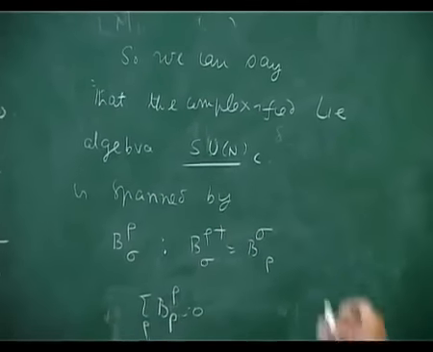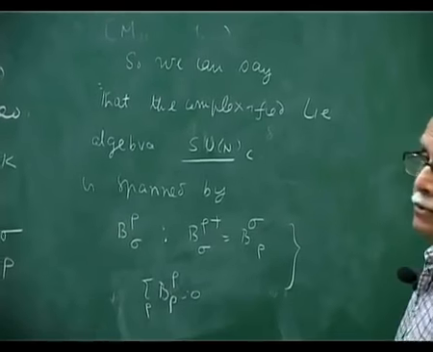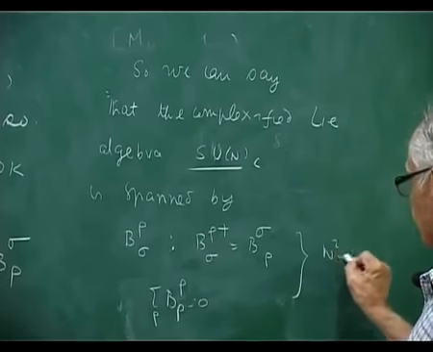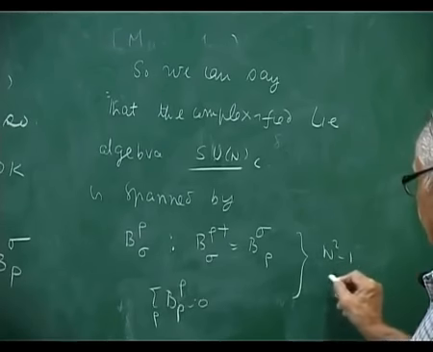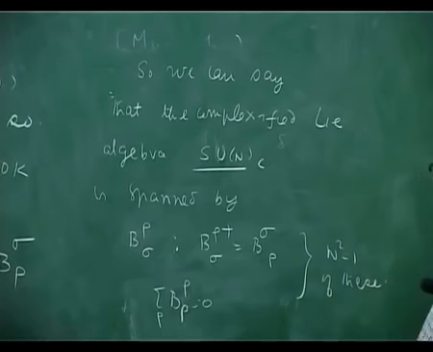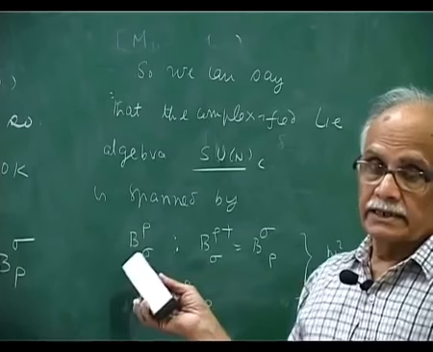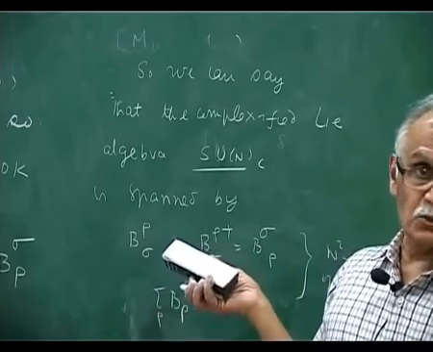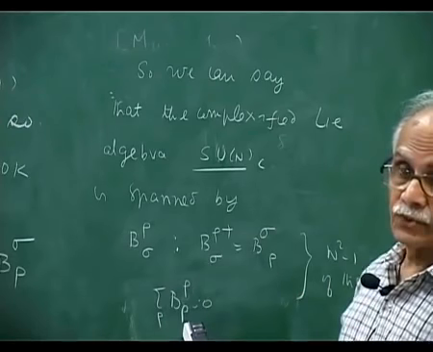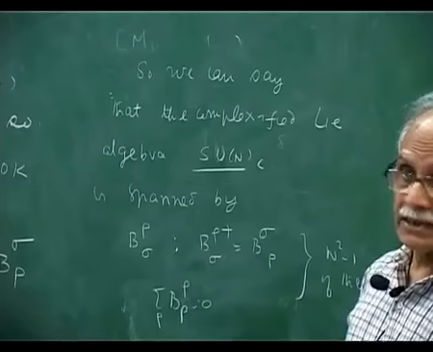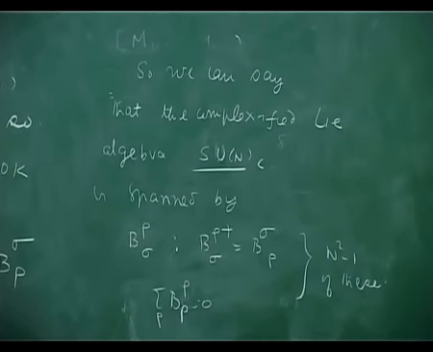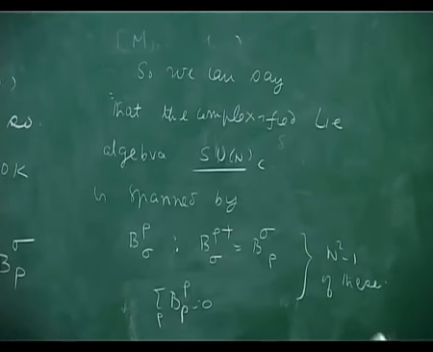Okay, how many of them are there? It is exactly n squared minus 1 of them, because the A rho sigma were n squared and there is one condition. So that makes it n squared minus 1, which is the dimension of SUN, if you remember correctly. Long ago we found the dimension, so that is correct.